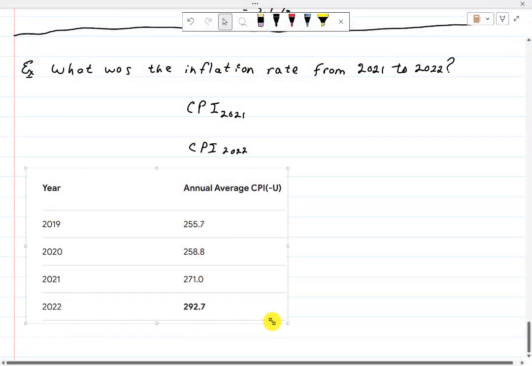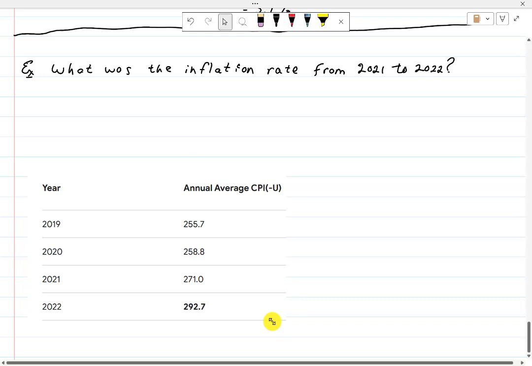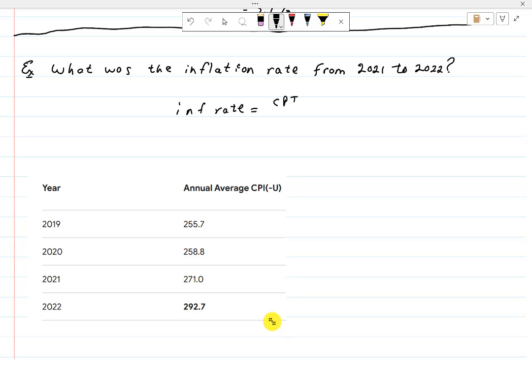So I guess I don't need those anymore. Instead, we're just going to do the inflation rate. That'll be CPI 2022 minus CPI 2021 divided by CPI 2021 times 100%. So let me put in my numbers.